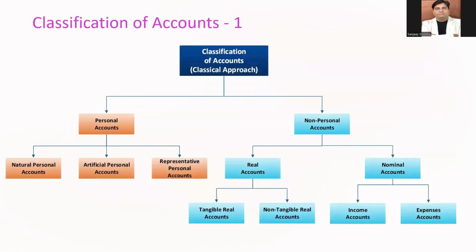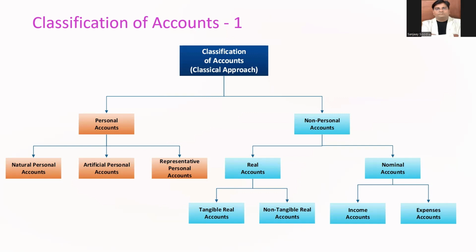When we say classification of accounts on the basis of the classical approach, first the accounts are broadly classified into two categories, that is personal accounts and non-personal accounts. Personal accounts are further subdivided into three categories. That is natural personal account.